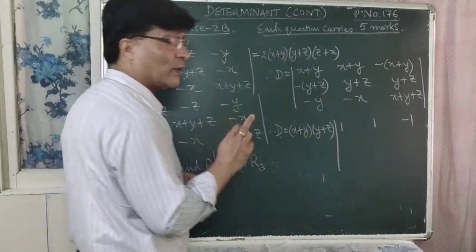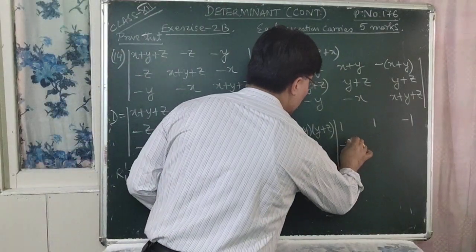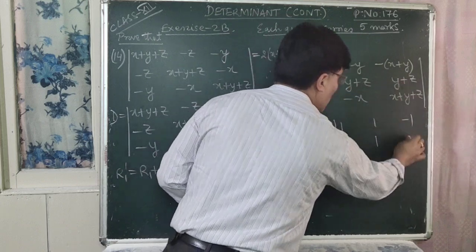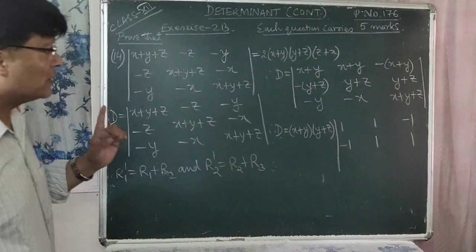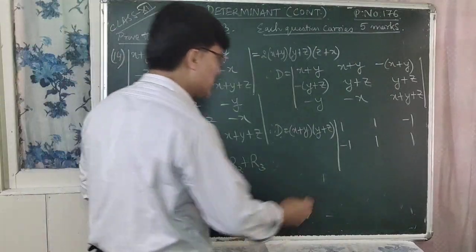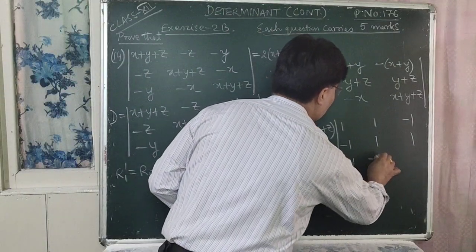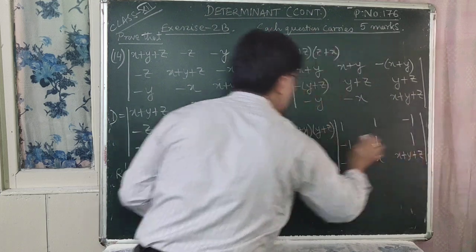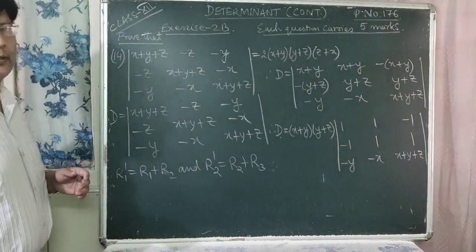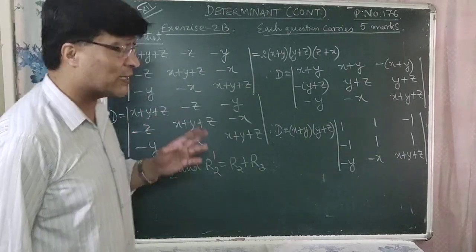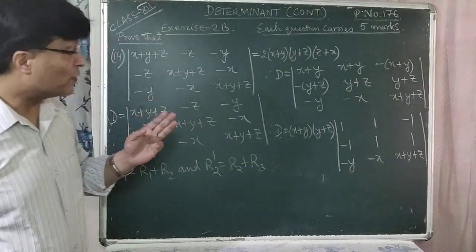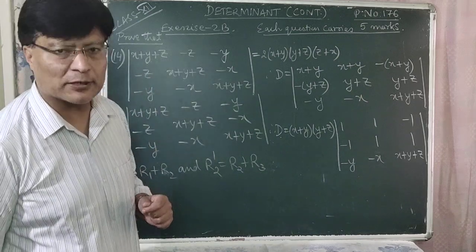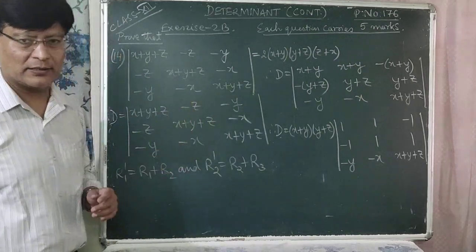Now from the second row, y plus z is taken common, so it is minus 1, this is 1, and this is what? 1, right? Next, third row remains same. Minus y, minus x, this is x plus y plus z. So from the first row and the second row, respectively, x plus y and y plus z are taken common here.